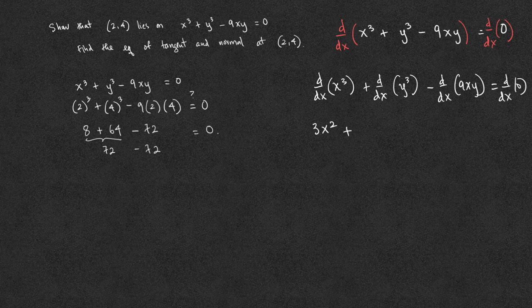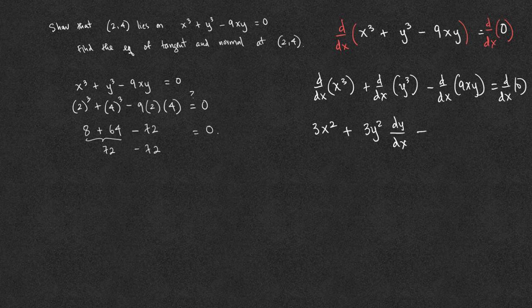The derivative of y cubed with respect to x is implicit, because we're taking the derivative of an expression that does not have the same variable of differentiation. The derivative of y cubed is 3y squared, but because it's not the same variable as dx, we need to multiply by dy/dx, or y prime.